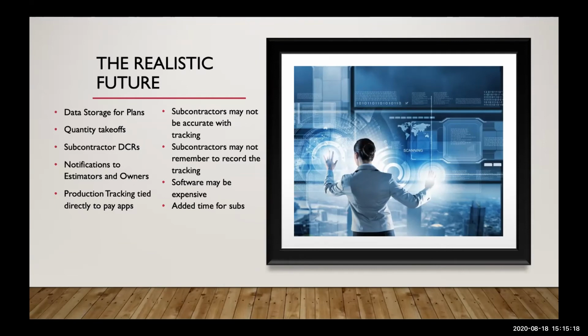My realistic future would be to combine Procore and Bluebeam and have a software that is data storage for plans. It's capable of quantity takeoffs. Subcontractors can fill out their DCRs in there.